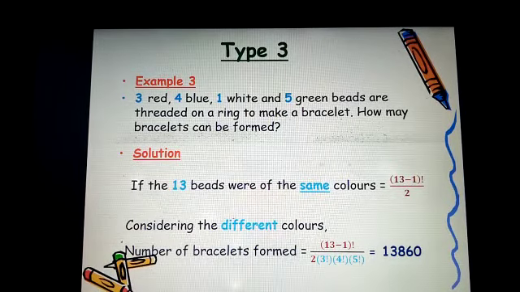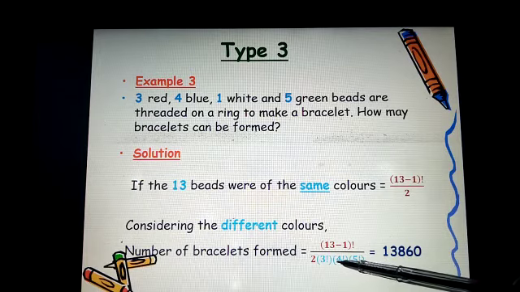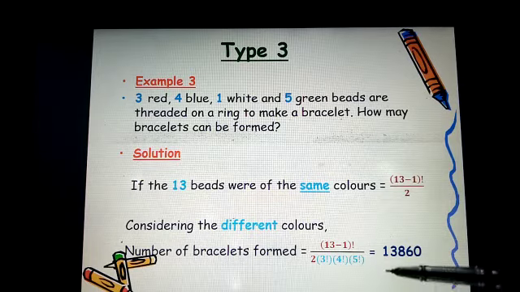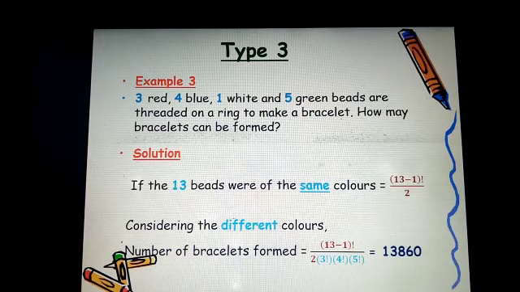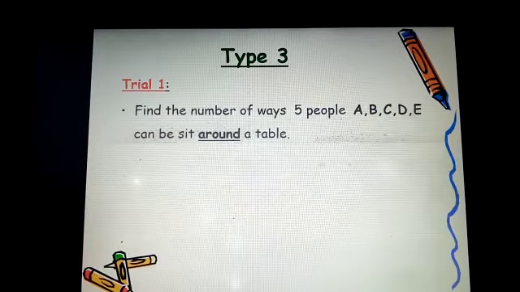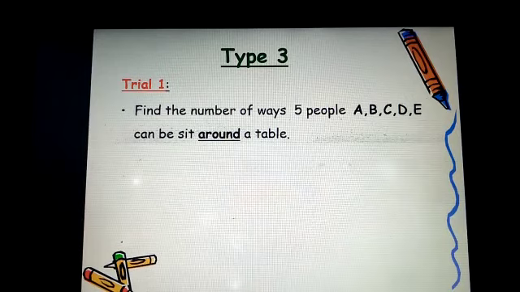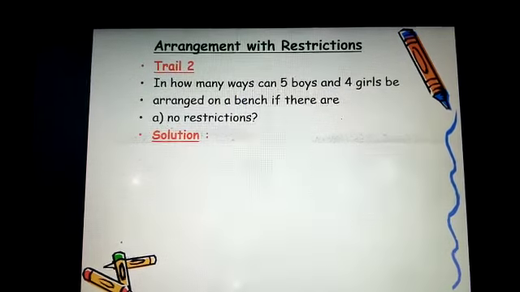So that gives us 13 minus 1 factorial over 2, then 3 factorial, then 4 factorial. 1 factorial is 1, so we ignore it. Then 5 factorial, giving us 13,860. This is another type. I know it's very easy. Arranging 5 around the table, that is 5 minus 1 factorial.